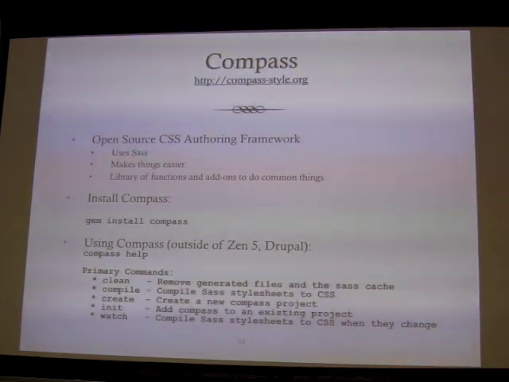All right, Compass. Compass, which you can find information about at compass.org, is an open source CSS authoring framework. Essentially, it uses Sass, and it's pretty much just a library of predefined mixins.